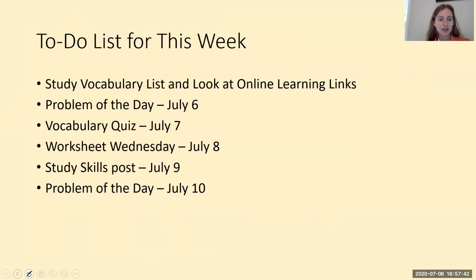But then the second thing that's posted on the Google Classroom for this week is the vocabulary list and online learning links. The vocabulary list, what I did was I took our geometry vocabulary list that we've already been using, and I just added a few important terms that we're using this week.